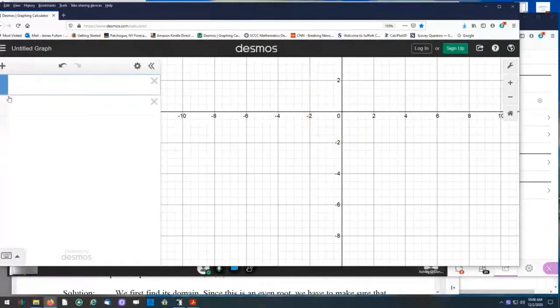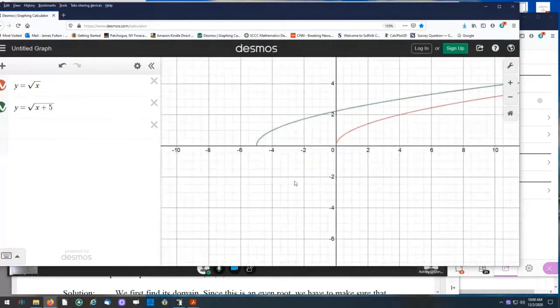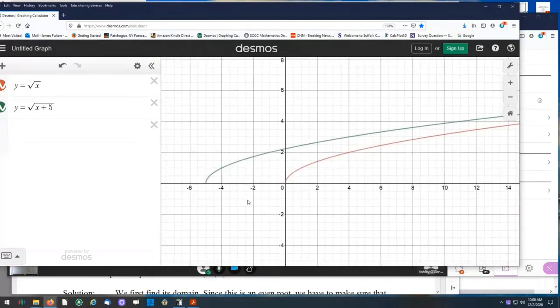Let's change this up over here: y equals square root of x, and y equals square root of x plus 5. Okay, so here we have both of our functions. But now let's see what happens as x goes to plus infinity. It can't go to minus infinity because it's not in the domain. The domain of this one has to be greater than negative 5. The domain of the other one has to be greater than or equal to 0.